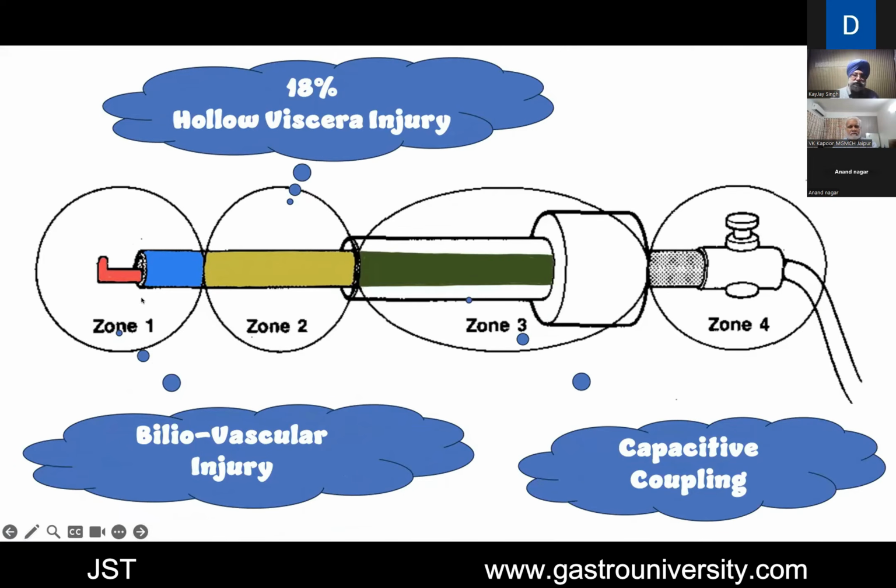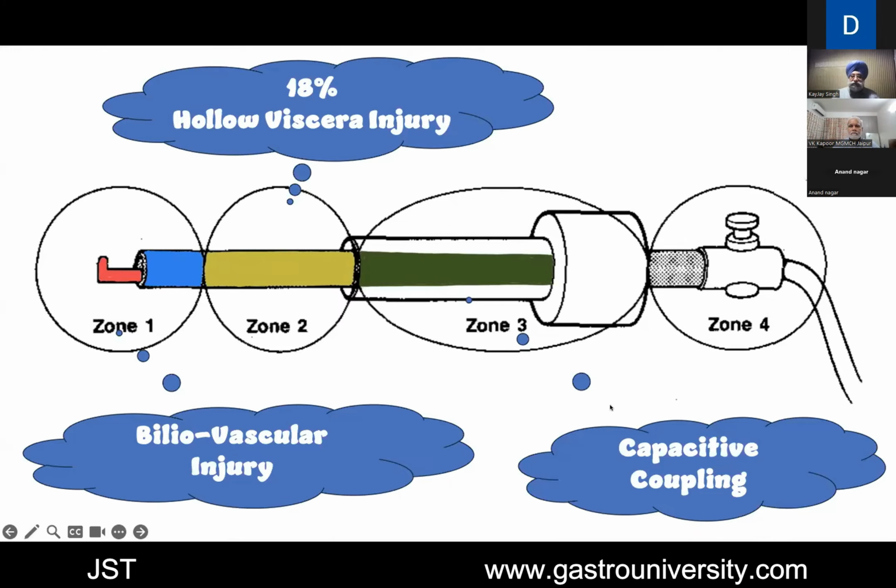This area generally has a very small tip. In cholecystectomy, generally we are very precise, so nothing happens. But this can be responsible for biliovascular injury if the anatomy is very tight there, and there are a lot of adhesions, and you're doing it without any identification.